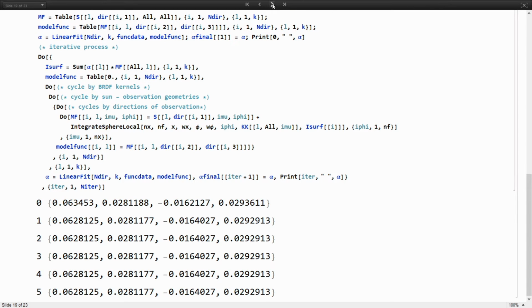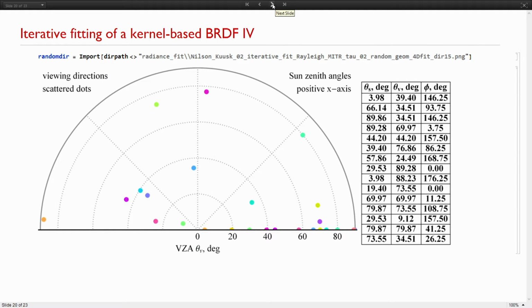So this slide shows another example. I chose randomly again certain directions, 15 directions. The positive part of the x-axis shows solar zenith angles, and scattered dots show random directions of observations.